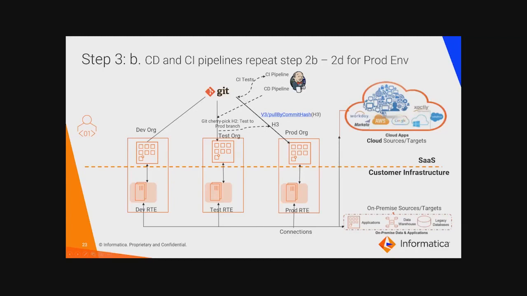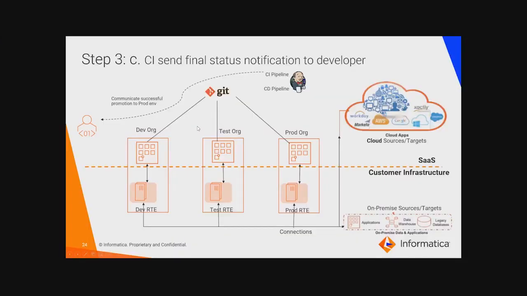Basically, this is the prod migration of the code through the CI/CD process. And once this is completed, in the next step we will send a final confirmation to the user that your prod deployment was successful.